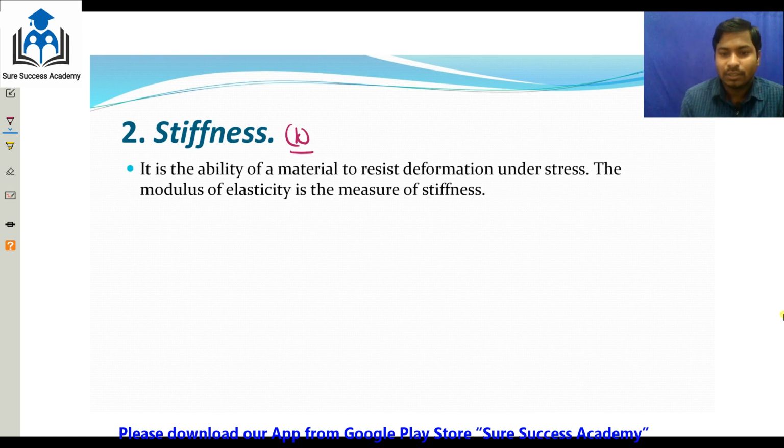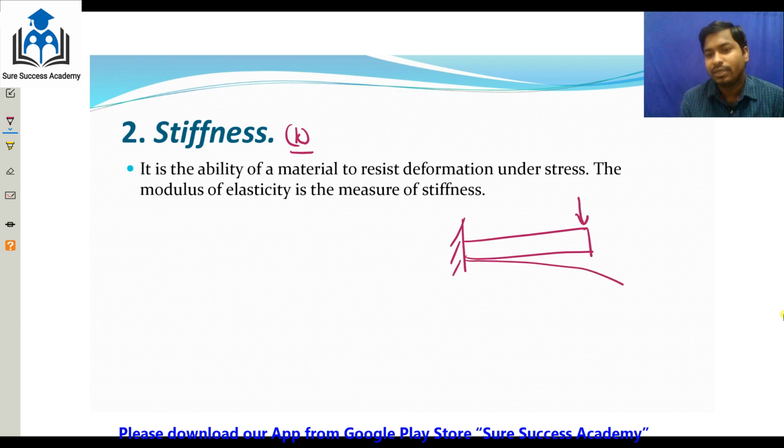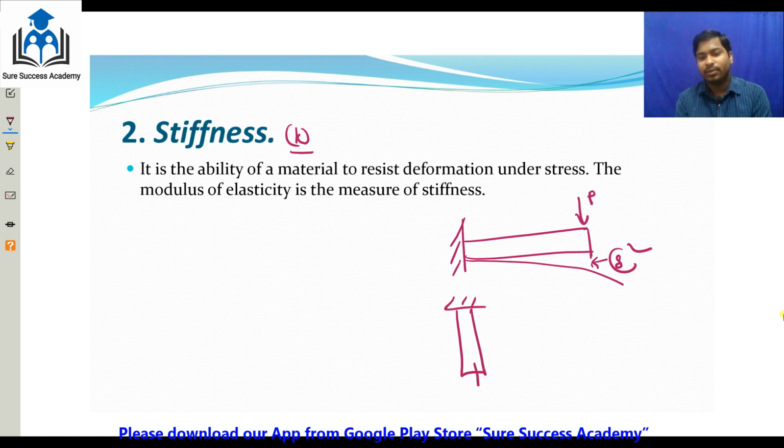Suppose this is a cantilever beam and you are applying a load P. What happens? It will deform, showing deflection.